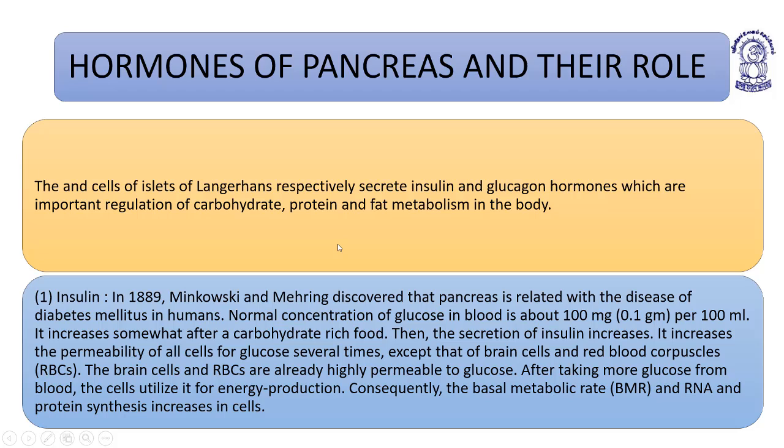Hormones of the pancreas and their role. The hormones of the pancreas are secreted by the cells known as the islets of Langerhans. They secrete insulin and glucagon hormones.